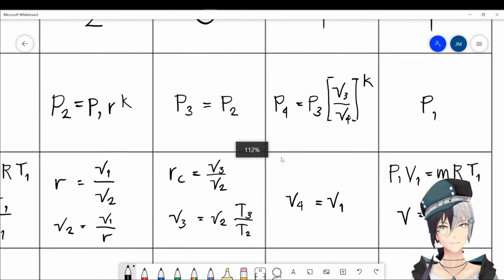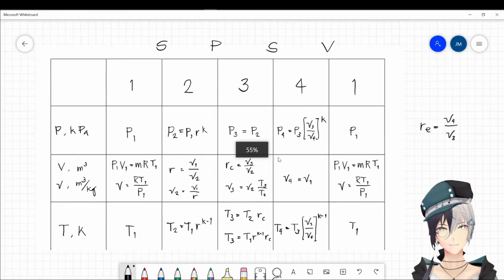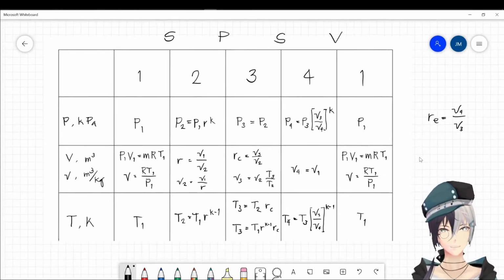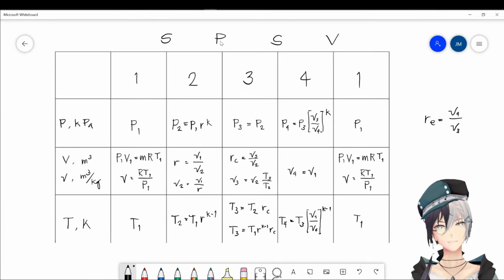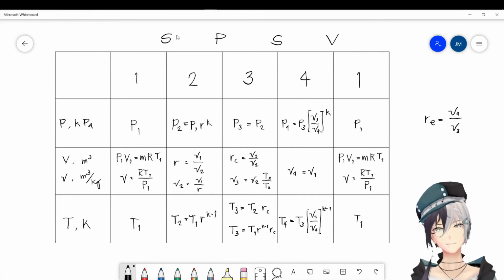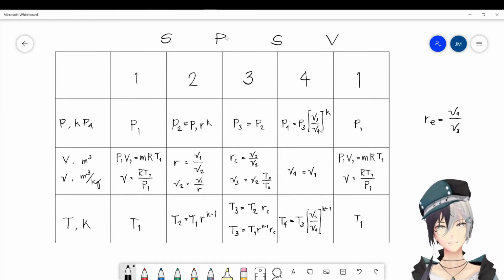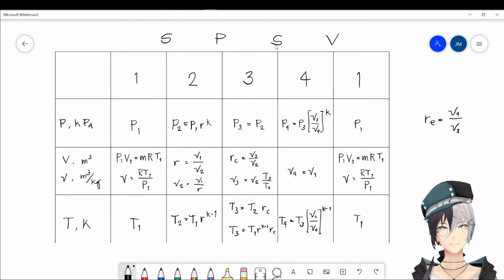Again for the diesel, our code is SPSV: isentropic compression, 1 to 2; constant pressure heat addition, 2 to 3; isentropic expansion, 3 to 4; then constant volume heat rejection, 4 to 1.